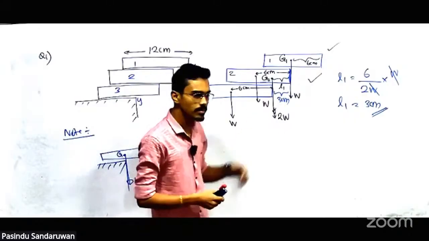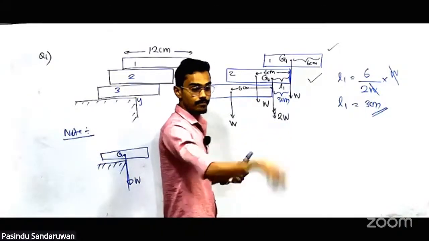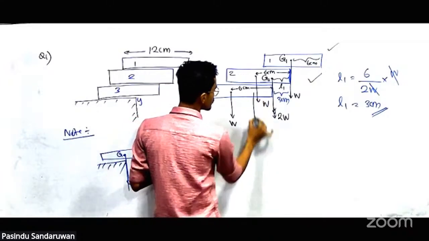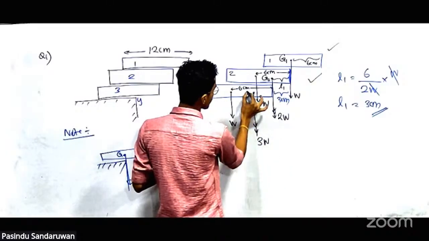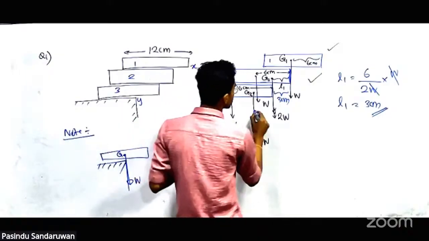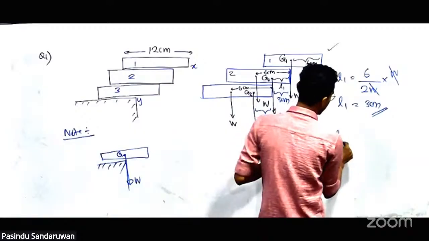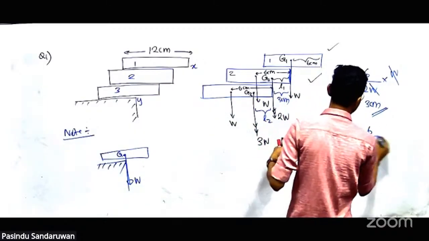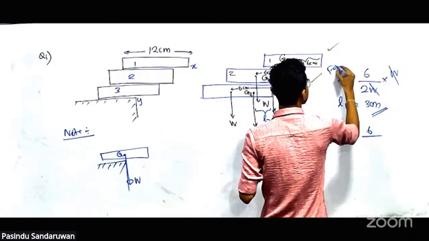W and 2W, that is how our force dividing ratios come into play. Say the resultant of these two, 3W, acts at this point G3, and I'm going to find this out. Say L2. How to find? L2 equals the total distance between these two forces, still 6 centimeters, for W and 2W. This was for W and W. This is for W.